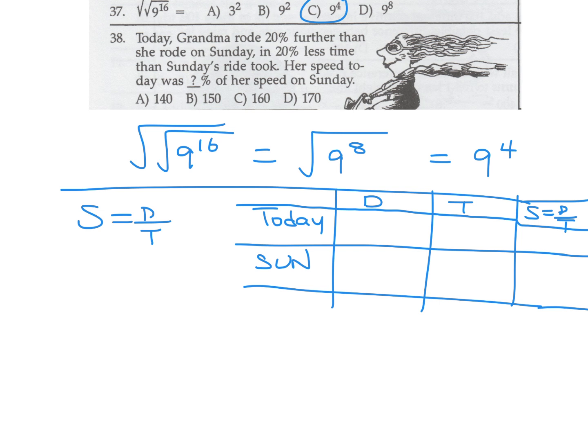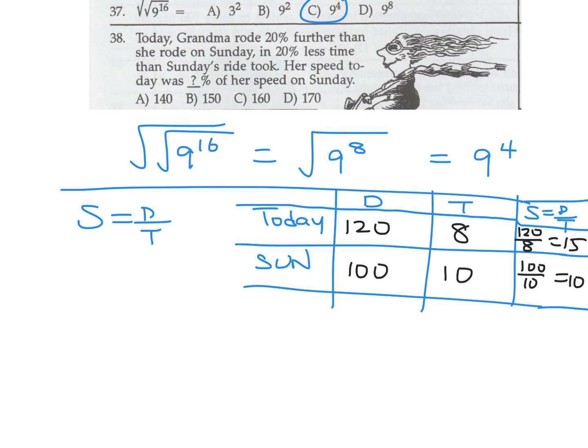So let's say on Sunday she drove 100. She rode 20% further today, that means 120. And the time is 20% less. So let's say she was out there for 10 hours. 20% less would be 8. And then therefore speed for this one would be 120 over 8, which I believe is 15. And this would be 100 over 10, which is 10.